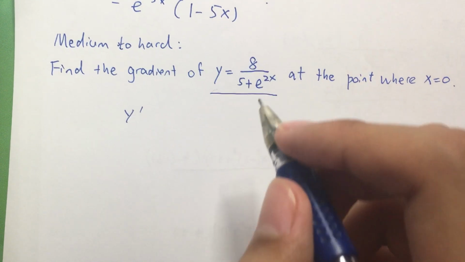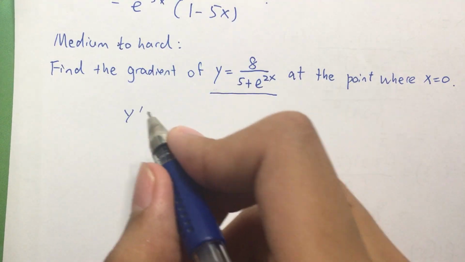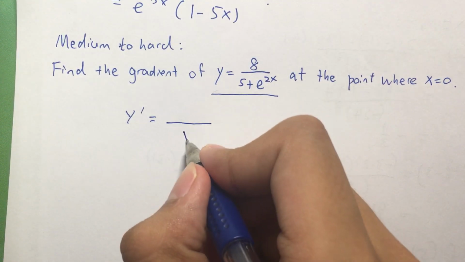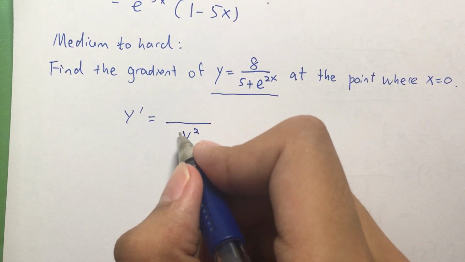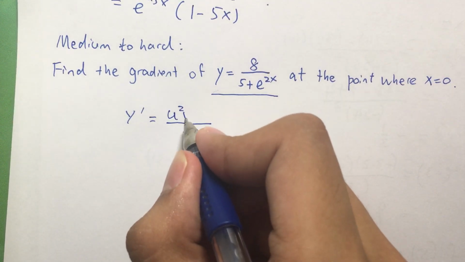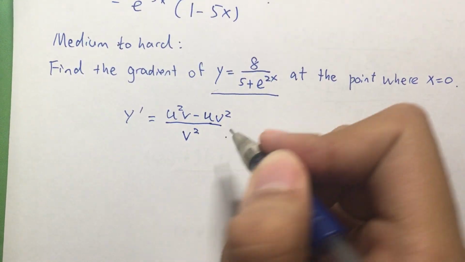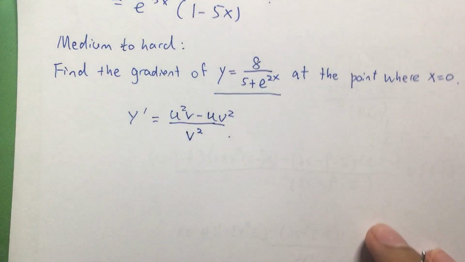Here it's a fraction, which means that we need to apply our quotient rule. So what is the quotient rule? It's v squared underneath, and u dash v minus u v dash on top. This is our quotient theorem.